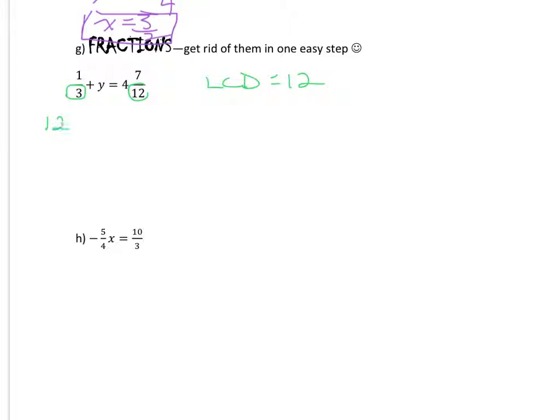So I'll have 12 times 1/3 plus 12 times y equals 12 times, and because I'm multiplying fractions, I'm going to turn that 4 and 7/12 right away into an improper fraction. So that'll be 55 over 12.